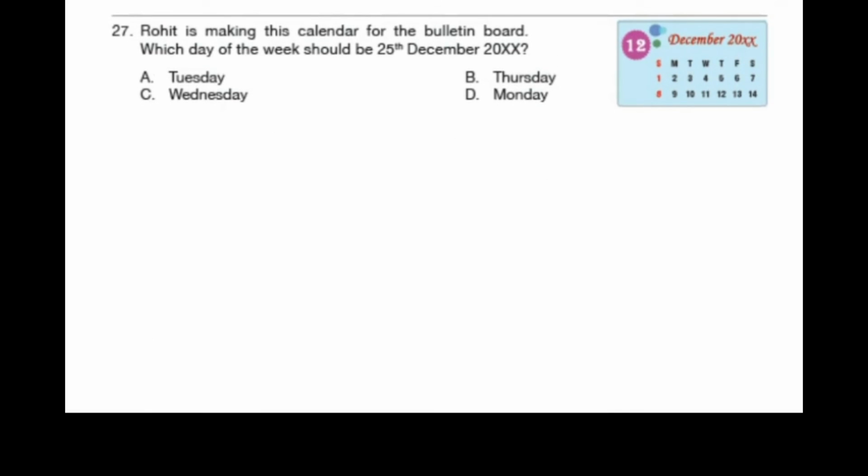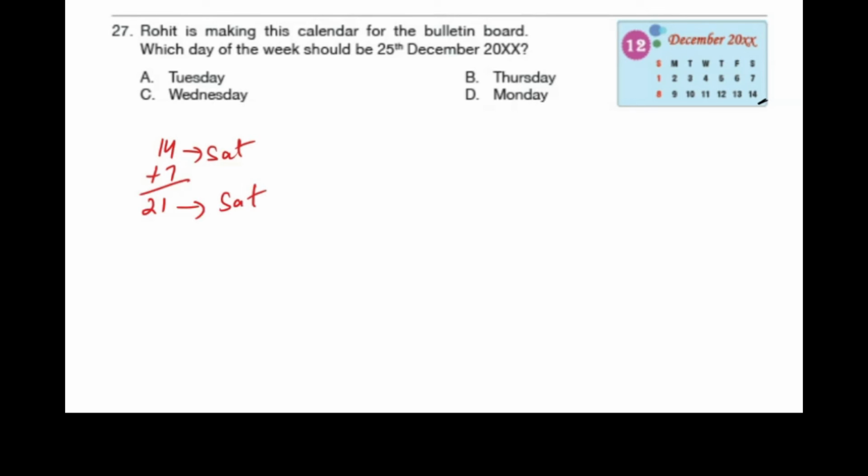Question number 27. Rohit is making this calendar for the bulletin board. Which day of the week should be 25th December? So we have dates till 14 December. Okay. So what we'll do? 14th December is Saturday, right? 14 plus 7 is 21.